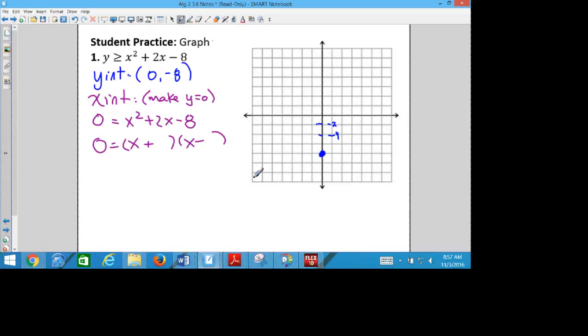What multiplies together to give me -8 but adds to give me +2? +4, -2. So then we solve to find our x-intercepts, and we get x is -4, but x is 2. So on my graph, at -4 and at +2, the graph passes through.